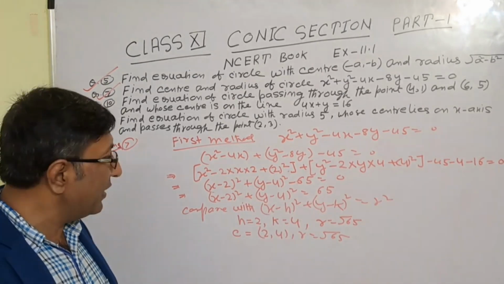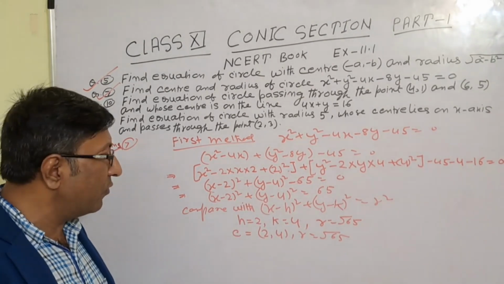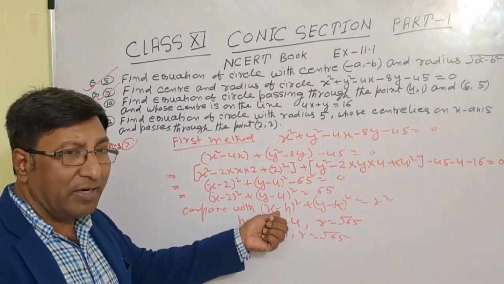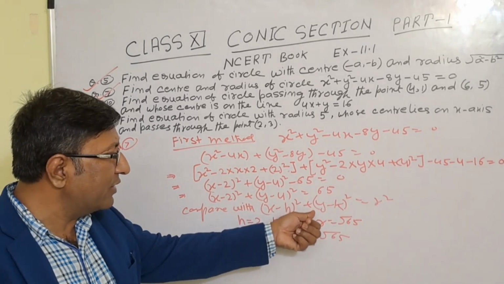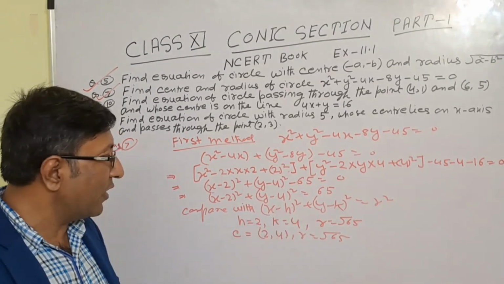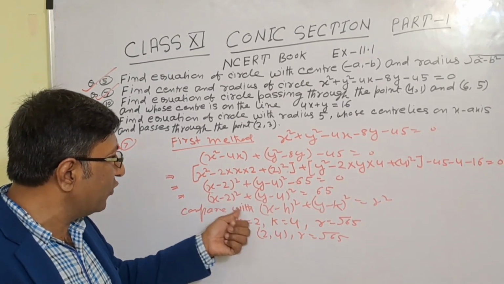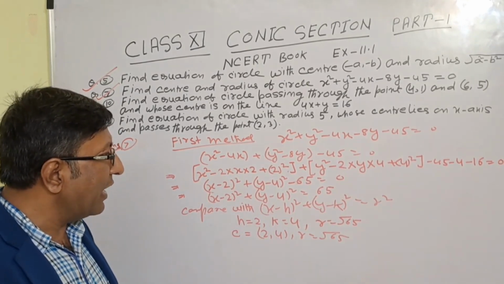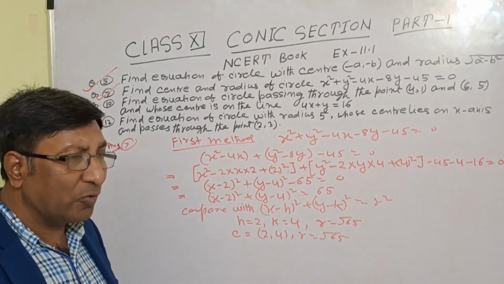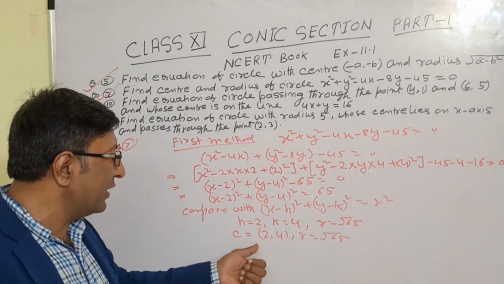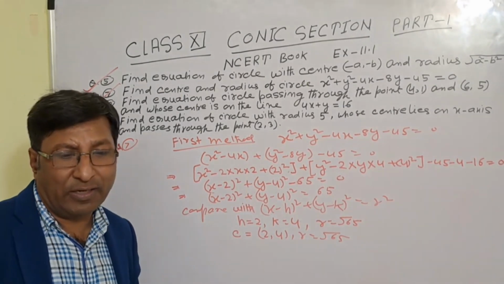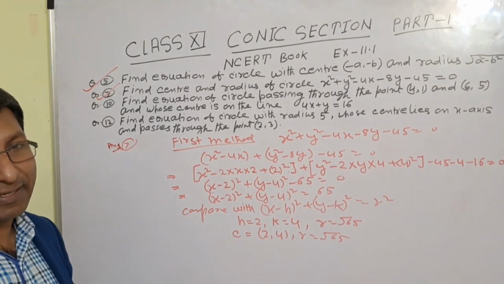So when we compare this equation with the standard form of the equation of a circle, (x − h)² + (y − k)² = r², then h will be 2 and k will be 4 and r² is 65, so r equal to root under 65. So center (2, 4) and radius root under 65 is the correct answer.